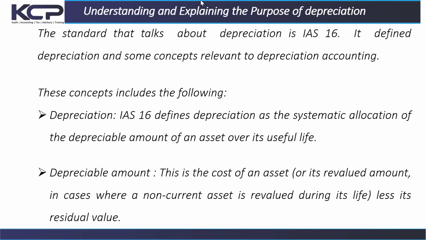But in another scenario, you have an asset to be used for 3 years that originally cost 3 million, but will have a scrap value at the end of the 3 years of 0.5 million. Then the depreciable amount is the difference between the original cost and the scrap value, in this instance 2.5.